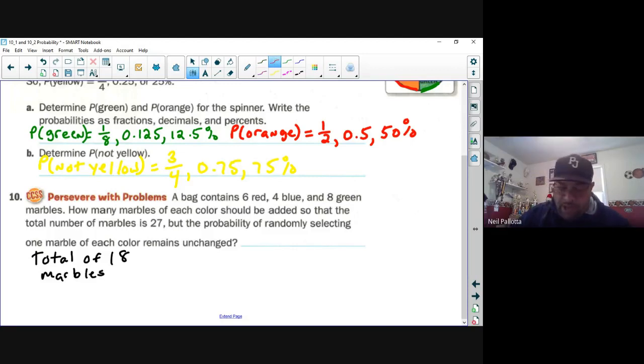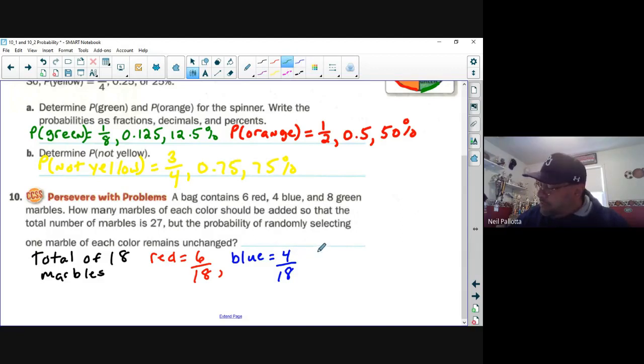We know red is 6 out of the 18 marbles. We know blue is 4 out of the 18 marbles. And we know green is 8 out of the 18 marbles.